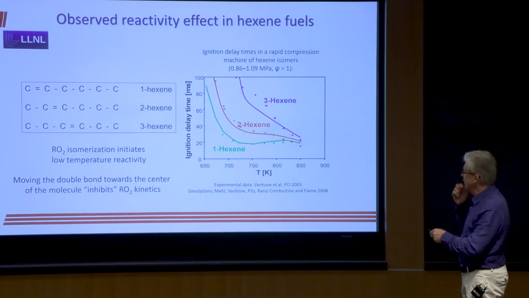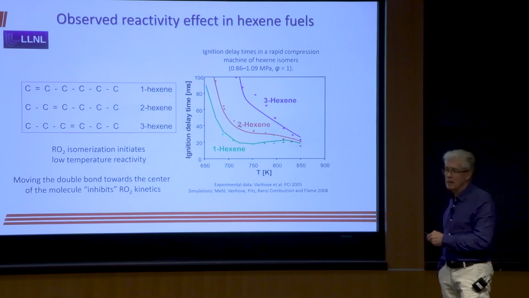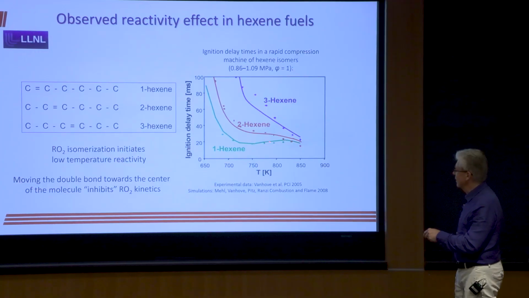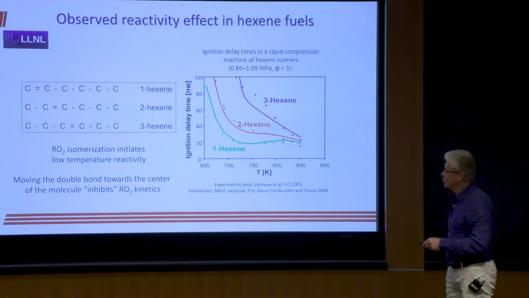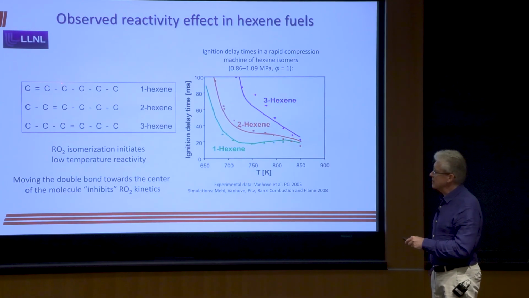Okay, and there's actually some NTC behavior. You could say it was very little, but it's washed out considerably. But there is some NTC behavior for 1-hexene. You don't see any for 2-hexene, and it's completely gone for 3-hexene. But so what happens here is, of course, you've got secondary allylic for 1-hexene.